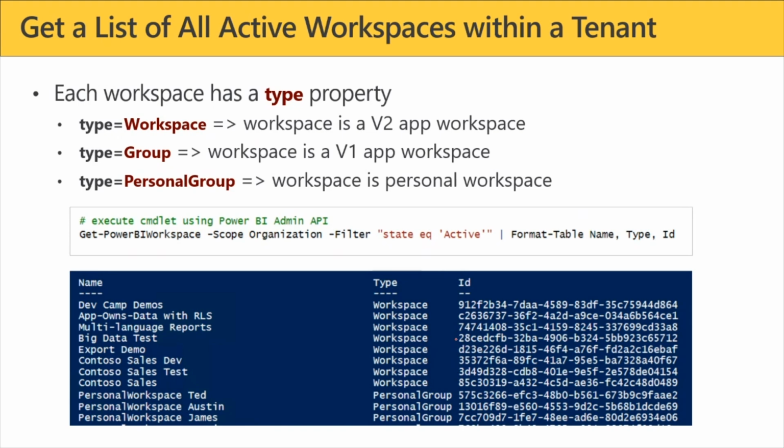And note that when you use the admin API, a workspace returns a type property that it doesn't return when you use the user APIs. And so if the type equals workspace, it is a V2 style app workspace. The older ones that are kind of going away, if type equals group, that's a V1 workspace. And then we have personal group as well.